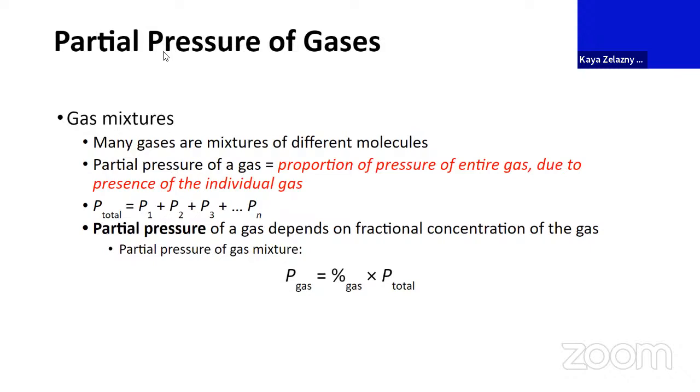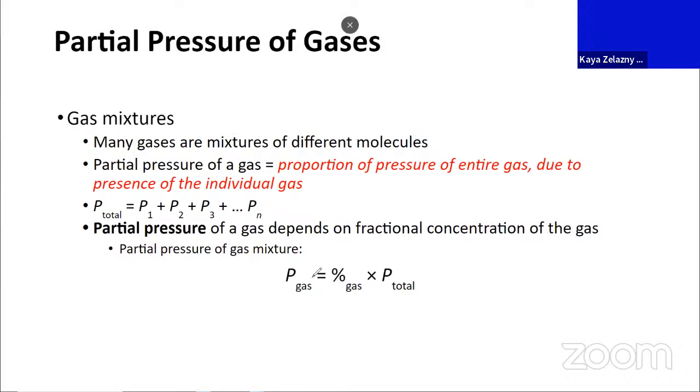Okay. So to calculate it, we'd just take our total pressure. So we're thinking like our atmospheric pressure for our purposes. We'd look at what percent or what fraction is that particular gas, right? But if we measure the percentage by our total, we'd get the partial pressure of the gas, right?